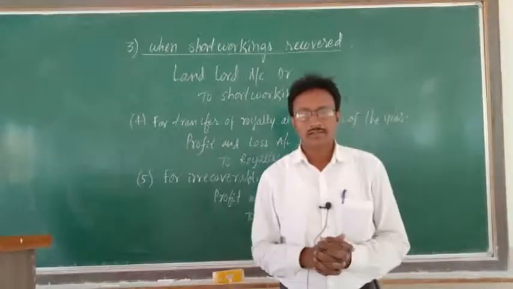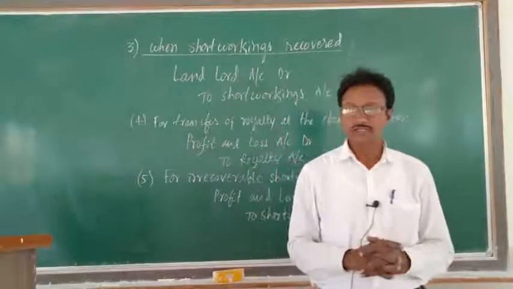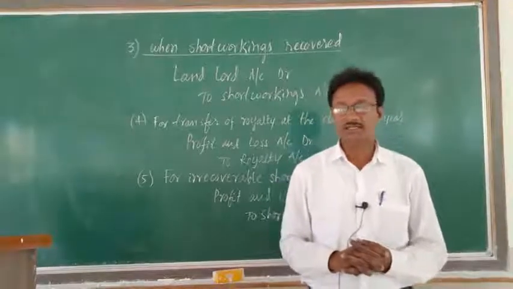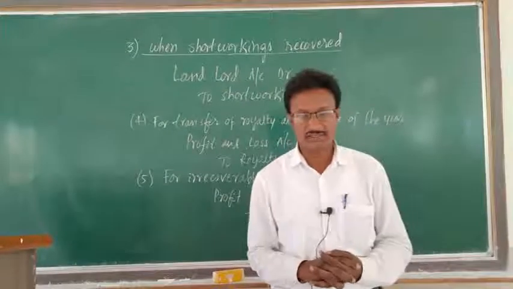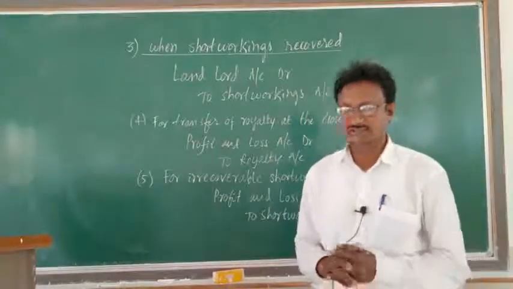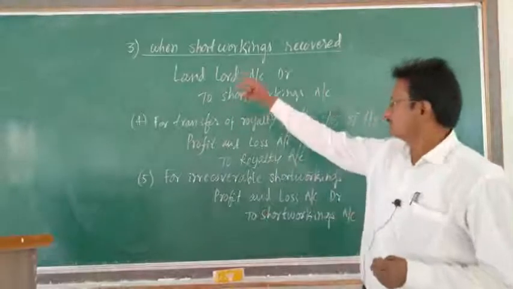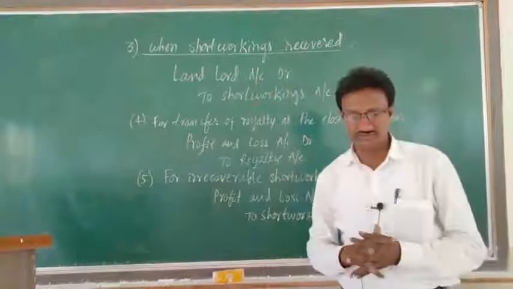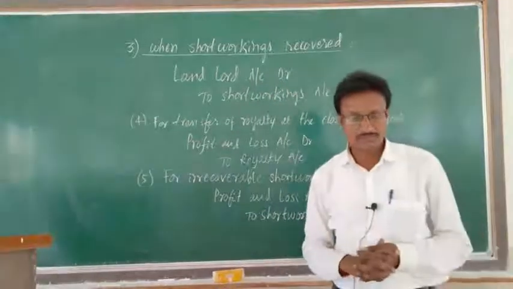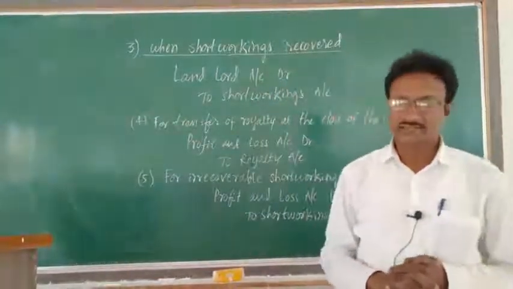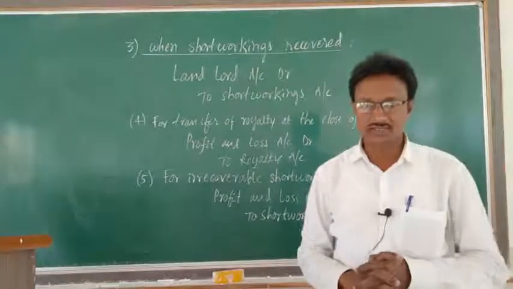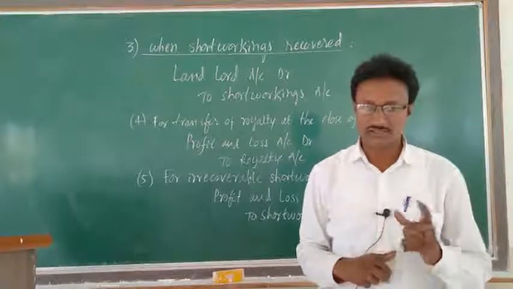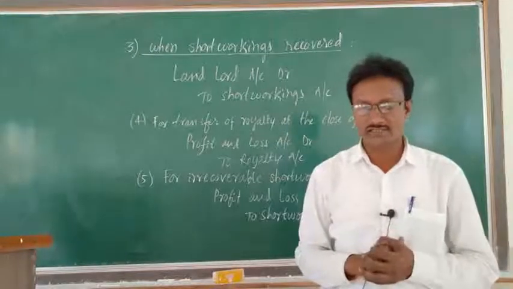Here, in entry number 2, when royalty is more than minimum rent, the journal entry is royalty account debit to landlord account, and when short workings are recovered, landlord account debit to short workings account. So, entries number 2 and 3 may be merged and a combined journal entry may be passed when the royalty is more and short working is also recovered.